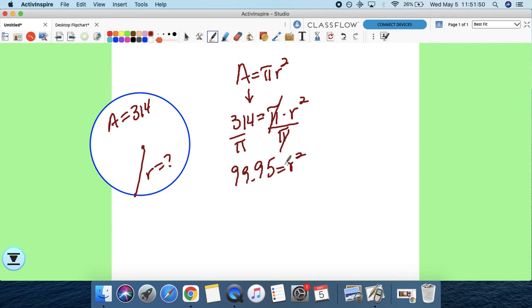Equals r squared. I'm going to take the square root, like raíz cuadrada. There's a little 2, you can cross that out. Square root of 99.95, it's going to get 9.997, and that changes to 10, so the radius is 10.